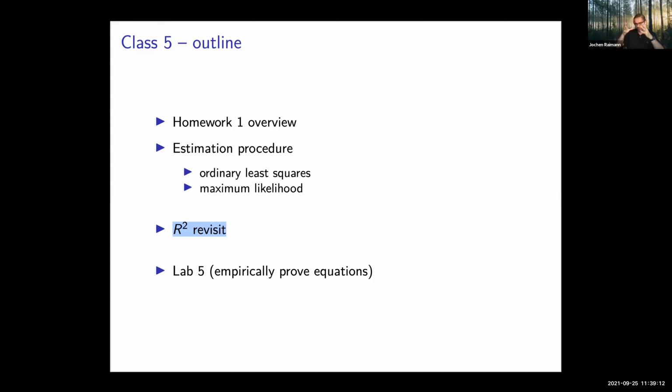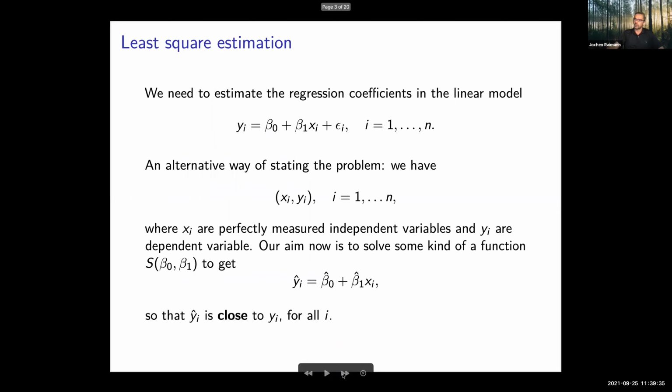So it's the variance of the explained part of the data over the overall variability and variance. We will then do lab 5 in a separate lecture, and talk about how to empirically approach and prove these equations.